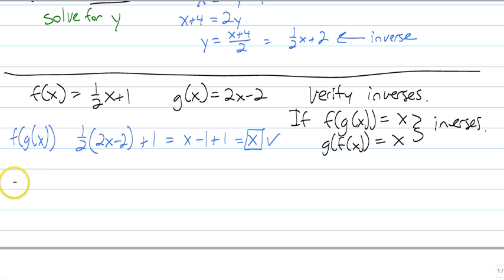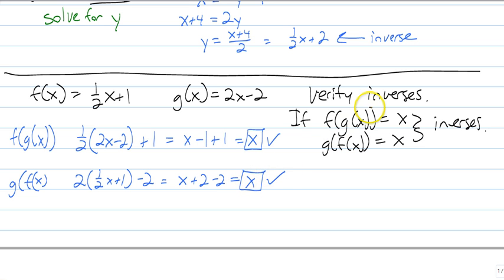Now let's verify g of f of x. We're sticking f of x into g of x. So I have 2 times the quantity 1/2 x plus 1, minus 2. Distribute the 2. x plus 2 minus 2 is x. So f of x and g of x are inverses. Let's write that real quick.